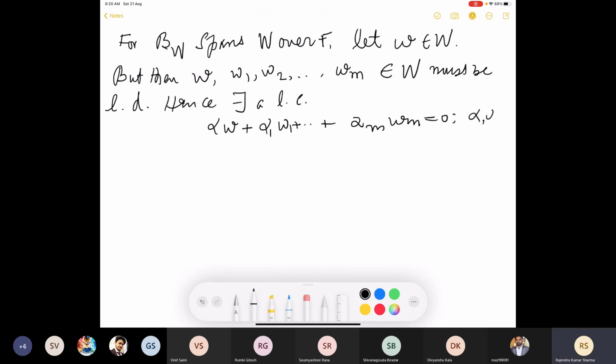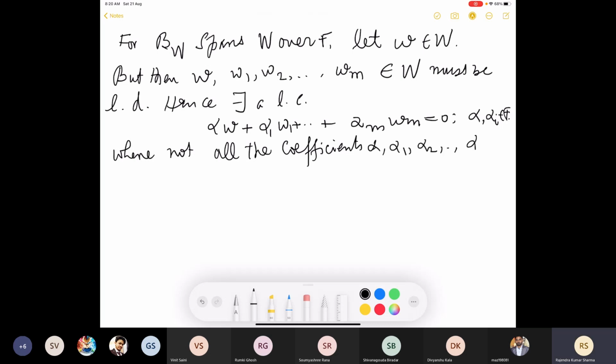Alpha and alpha i's are coming from F, where not all the coefficients, say alpha, alpha 1, alpha 2, alpha m, are 0.